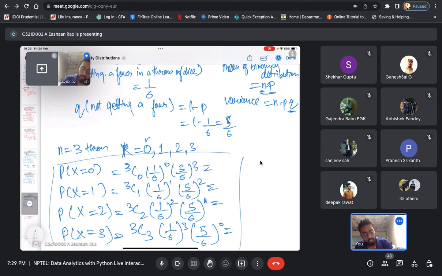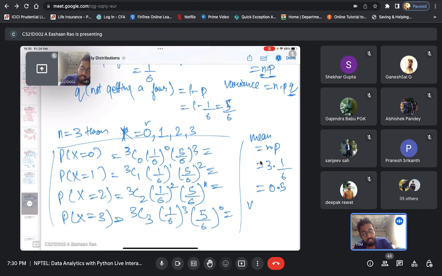For mean, we just have to calculate n into p. Here our n is 3, and the probability of getting a 4 successfully is 1 by 6. So we will calculate that, it will be 0.5. So the mean of getting a 4 for this question is 0.5, and variance will be npq, that is 3 into 1 by 6 into 5 by 6.